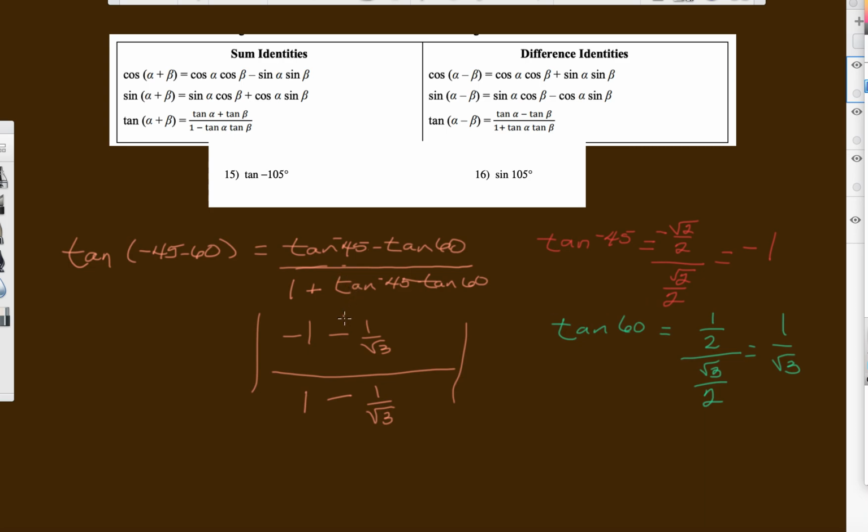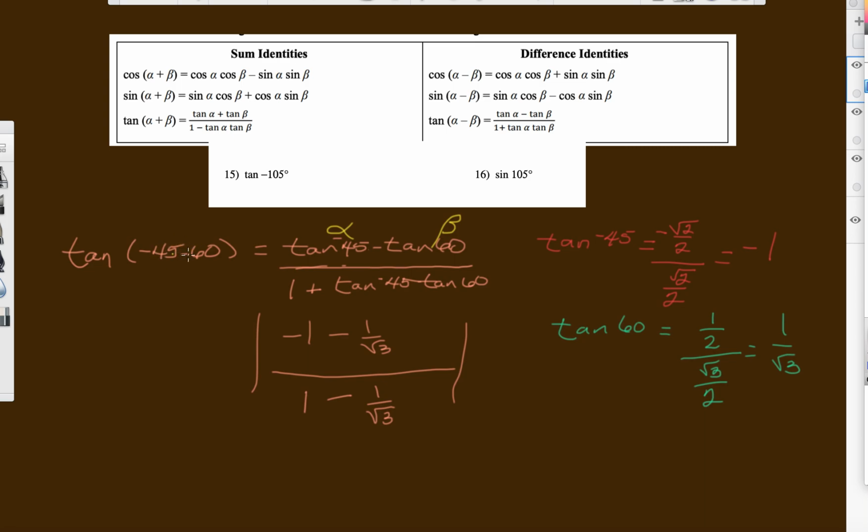Okay, what I wanted to point out is, if you see something in this format, make sure that you understand that this is alpha and this is beta, right?